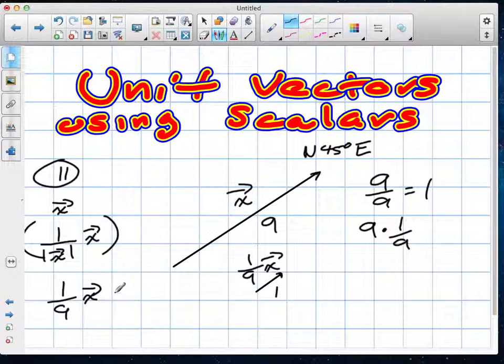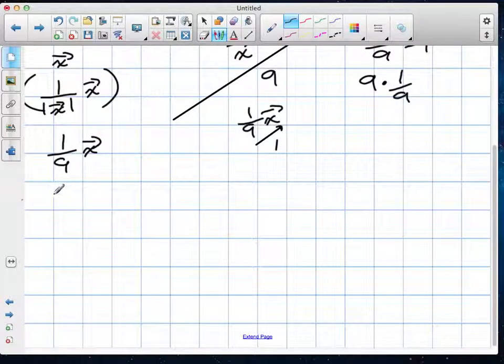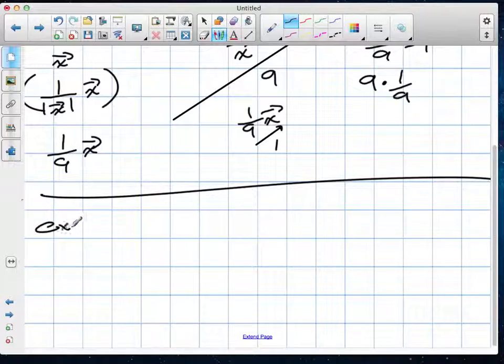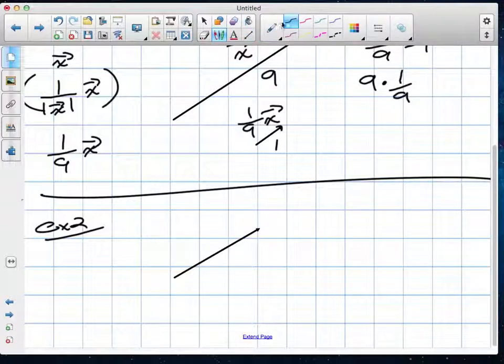It's possible to have a vector that's smaller than 1, and we'll have to even make it larger. Okay? That idea, let's try that one, example 2. Let's say we had this vector, we'll call it again, we'll call this vector y. This vector has a magnitude of 0.25, and we want to make it a unit vector.